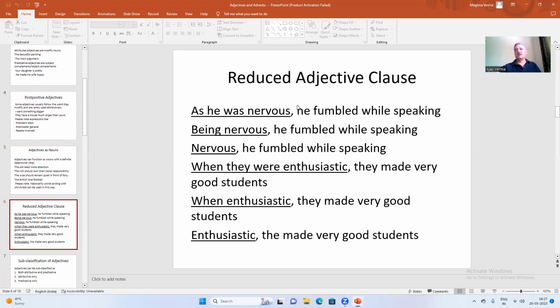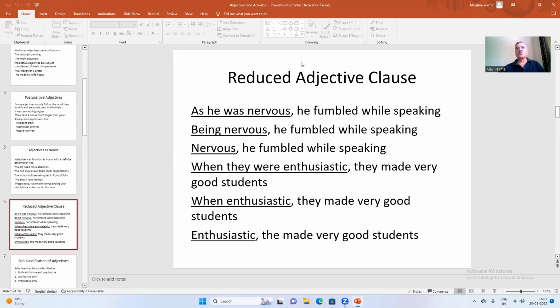Now, sometimes an adjective is used in a sentence, but we must have a sense that, by looking at this adjective, we are able to see that it is not just an adjective but a reduced adjective clause.